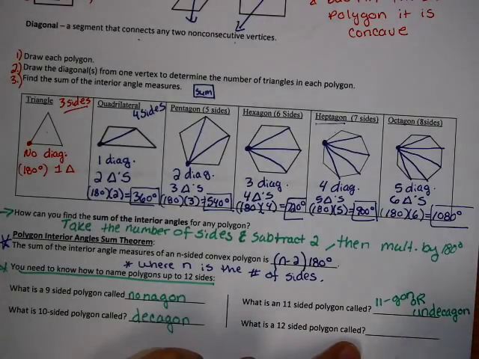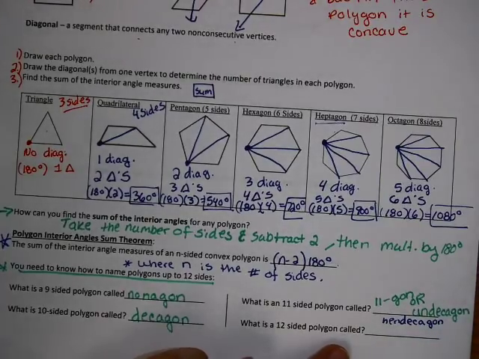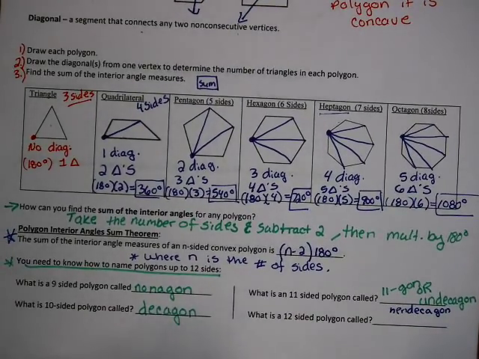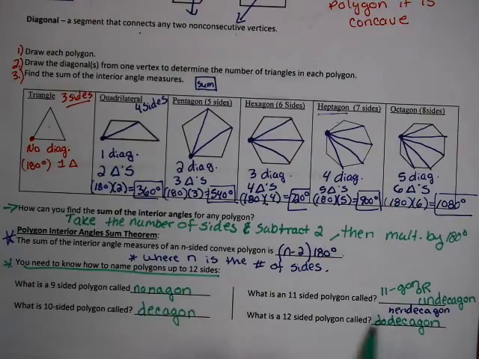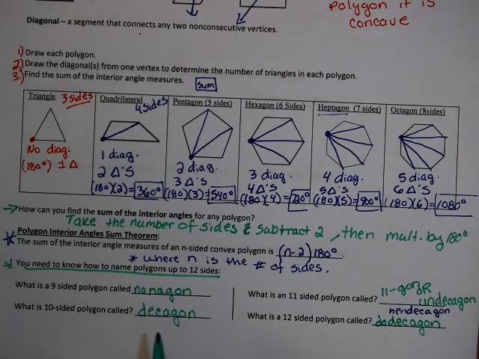And you will also see it as a hendecagon. A 12-sided polygon is called a dodecagon. Do for two, decagon. So, for example, if you think about it, a 10-sided polygon is called a decagon. 12-sided dodecagon, meaning it's a decagon plus 2 sides.